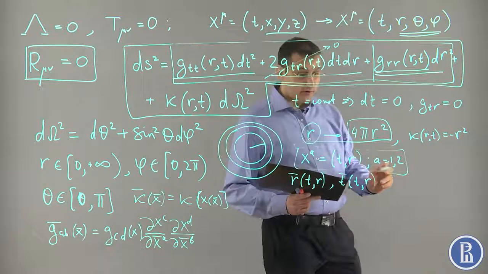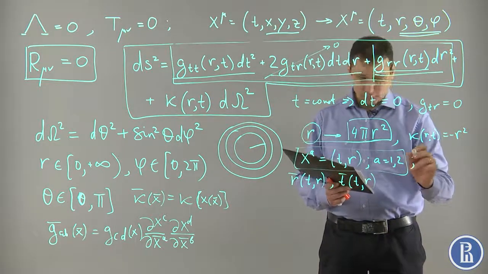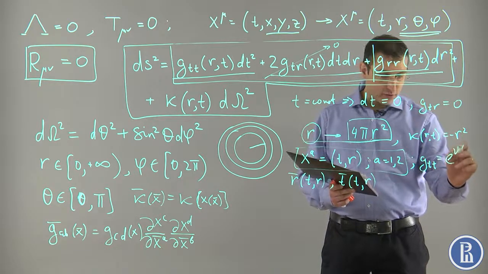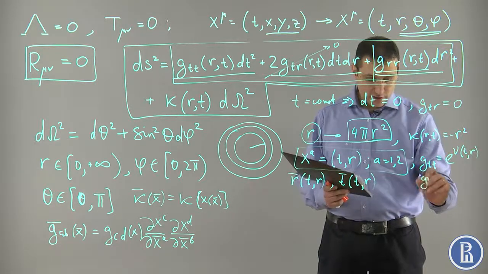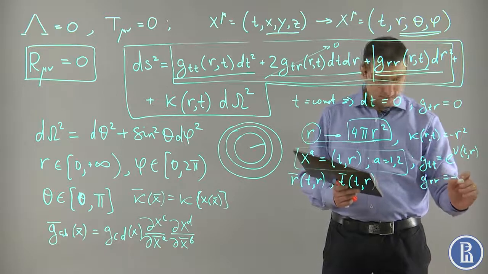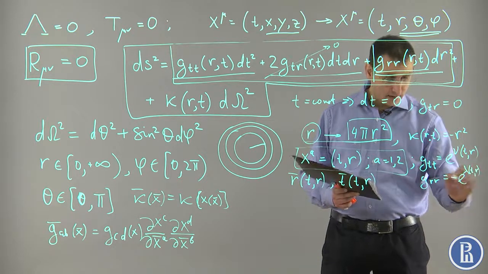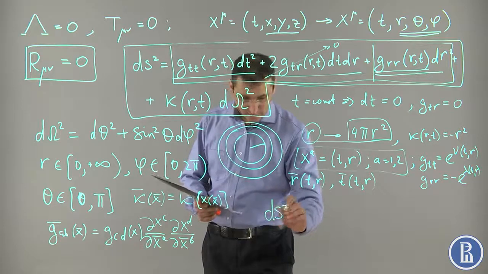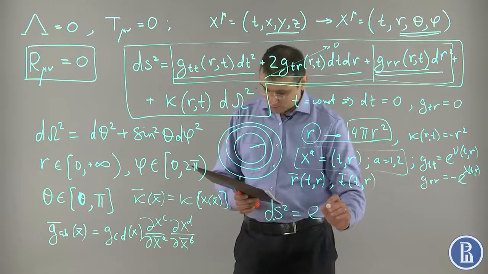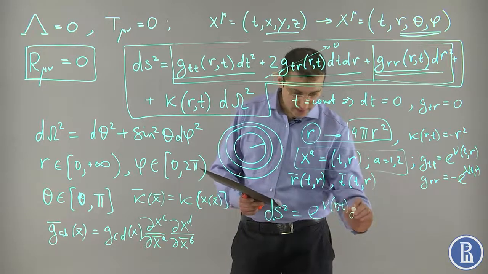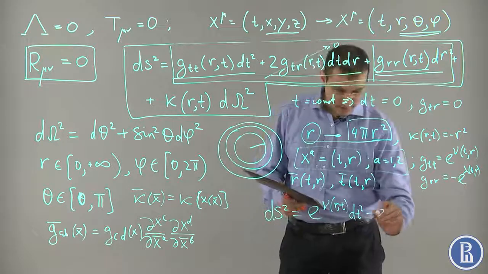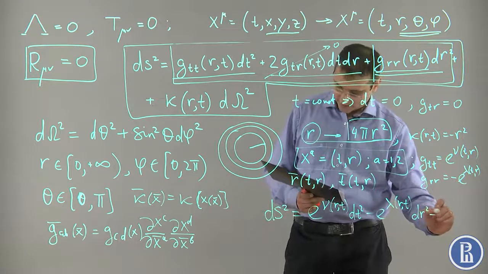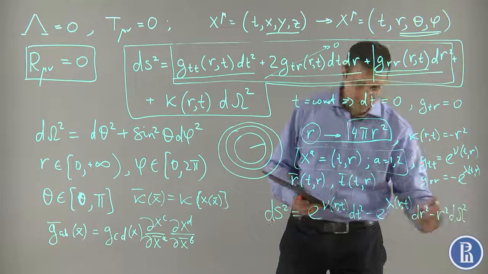So after renaming the components into a more standard form, if we name g_tt as exponent of the function nu, which is a function of r and t, and g_rr as minus exponent of lambda of r and t, then we arrive at the following expression: ds squared equals exponent of nu(r,t) dt squared minus exponent of lambda(r,t) dr squared minus r squared d omega squared.